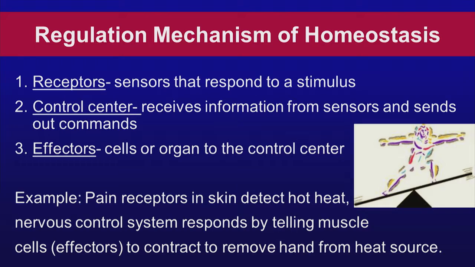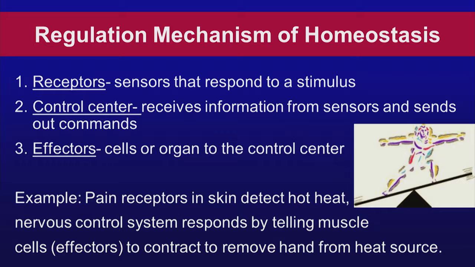And so basically there are three things you need. You need receptors, that is something to detect a change. And then you need some control system, a system that could react to that change. And then you need effectors, cells or organs that are told to do something, that can do something about it to change the state.